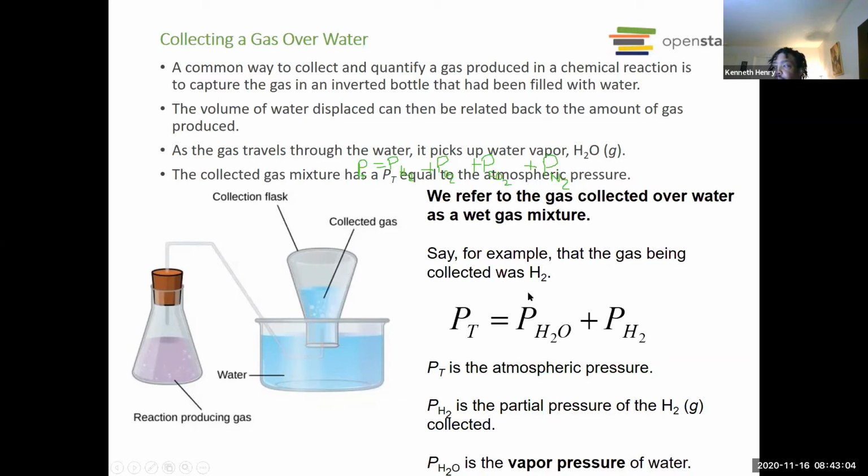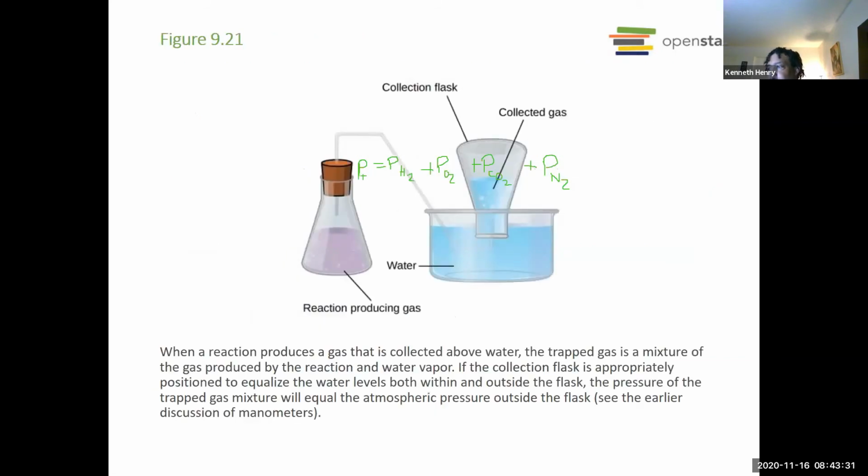So then if we know or we calculate the partial pressure of the water, the gas going through the water, that's going to be a partial pressure that's associated with that water vapor. Okay? Questions, concerns? So this is going to be very similar to the manometer that we had talked about earlier. Okay?